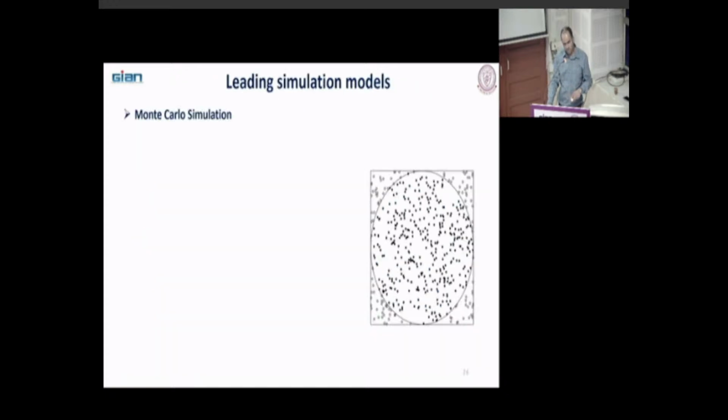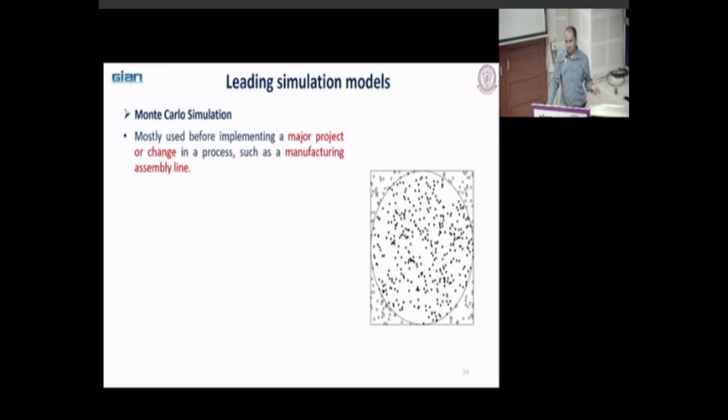Some of the leading simulation models, the first one is Monte Carlo. Any idea how it works? What do you need for Monte Carlo simulation? Sorry, what? Static, yeah, static is there. But what do you need? We need the input and output of your system, whatever the historical data. Basically, how does it work? It considers the probability distribution and random numbers.